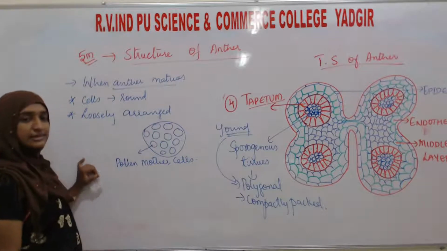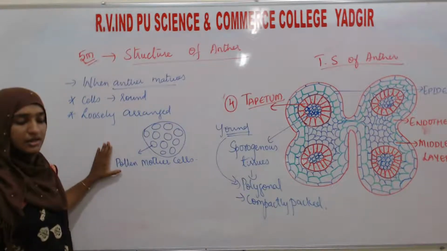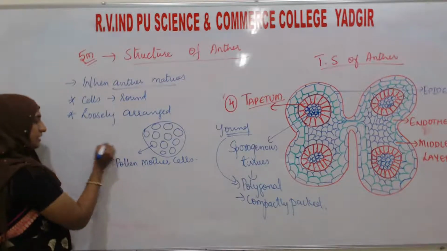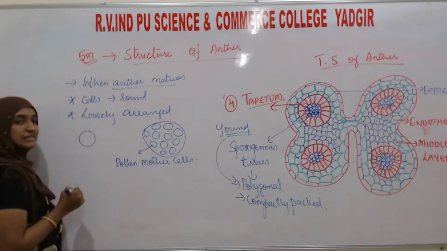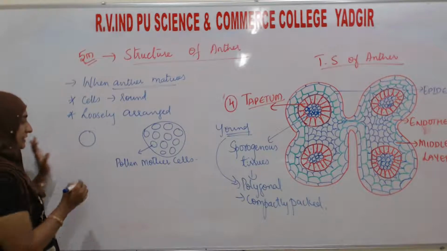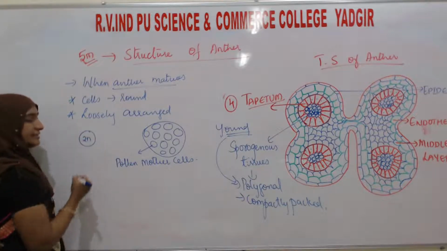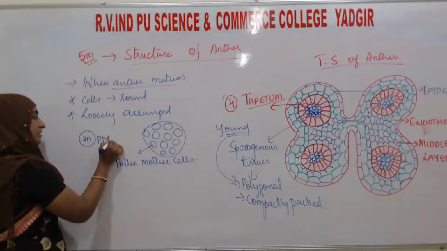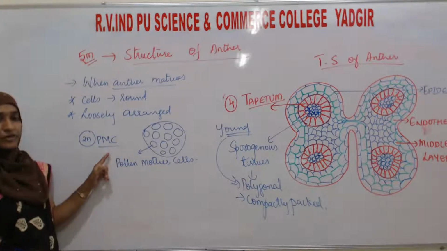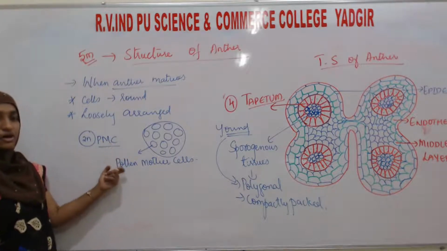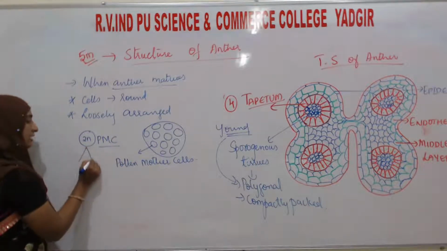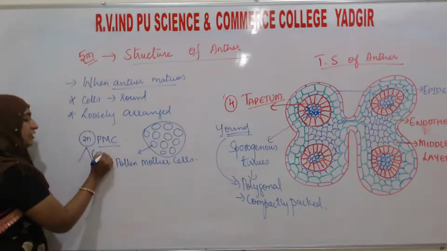This pollen mother cell, PMC, a short form of pollen mother cell, will be a diploid cell. It will undergo a division, that is meiosis.